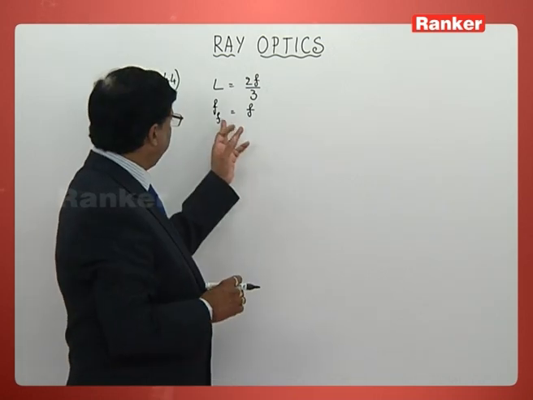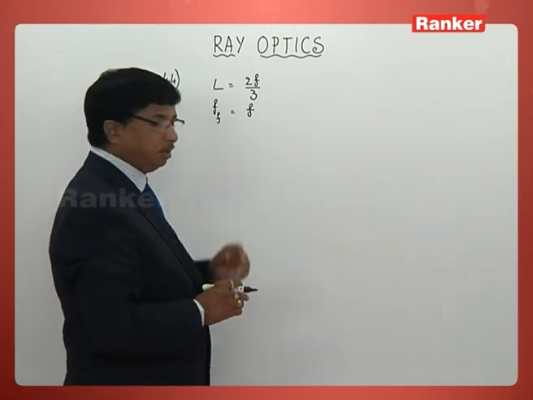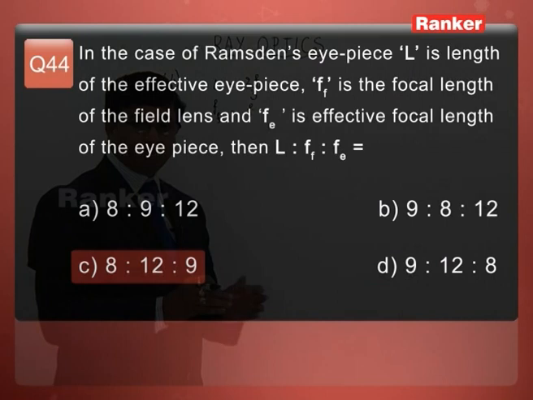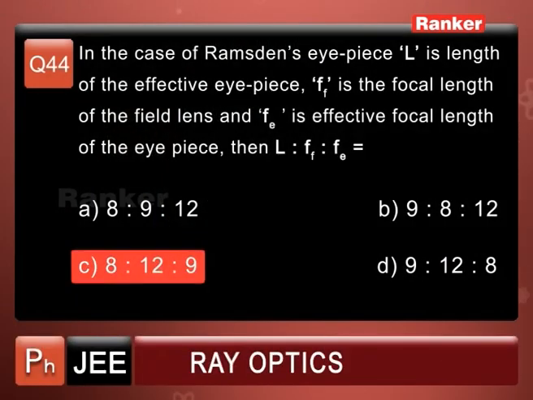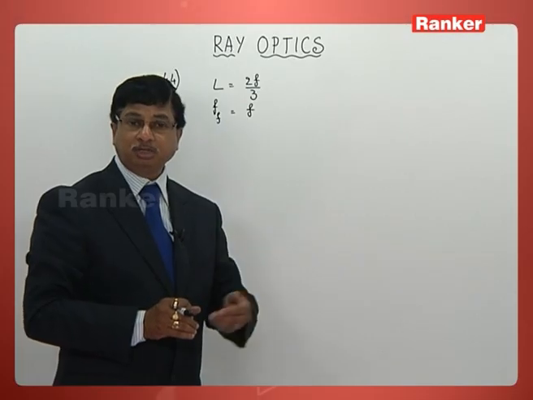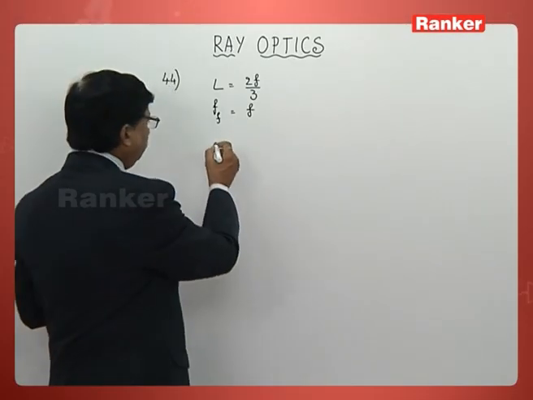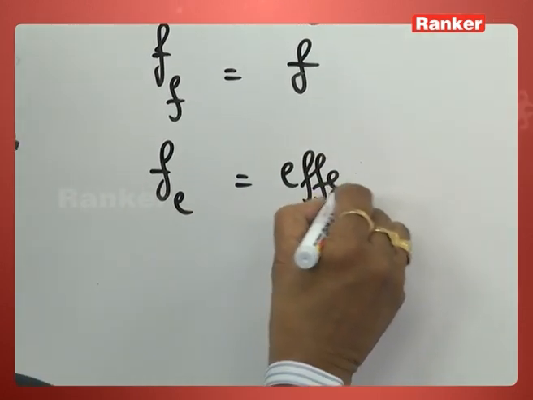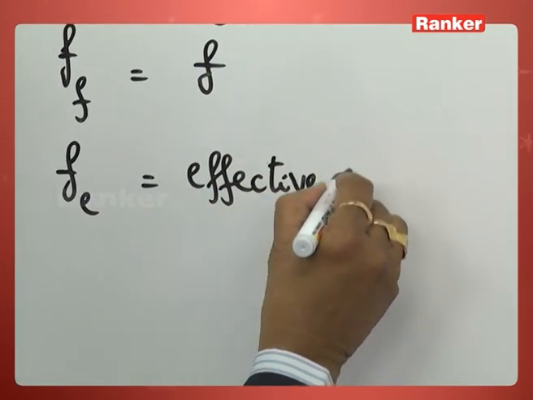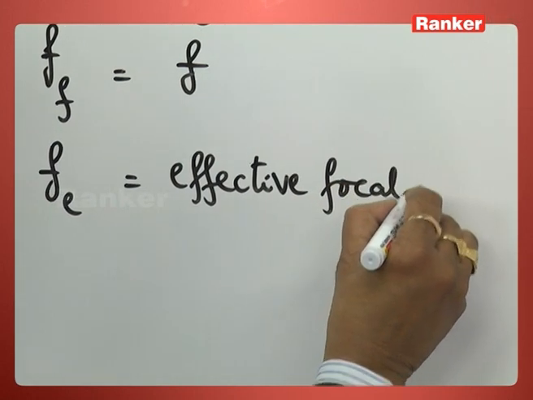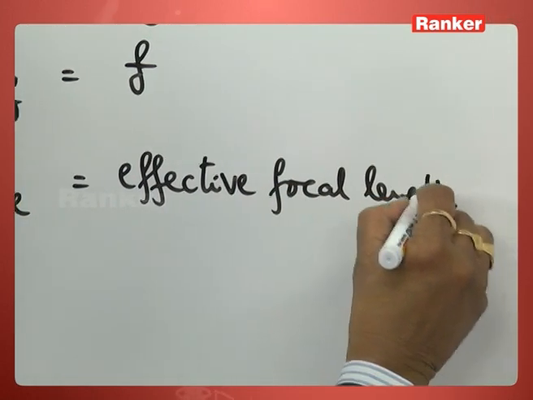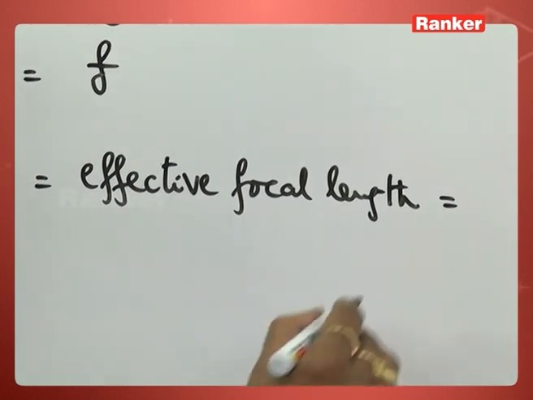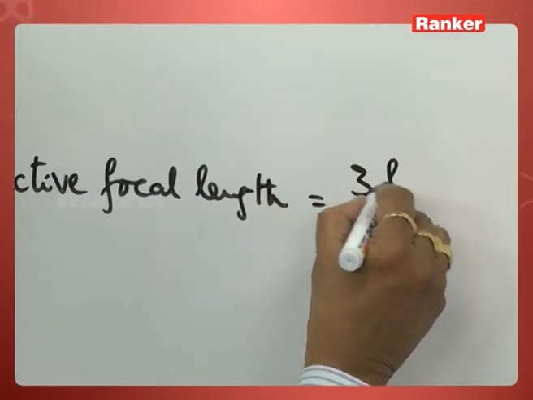So automatically we can write the focal length of the field lens becomes F only. But what next is he asking? FE is the effective focal length of the eyepiece. What is going to be the effective focal length? The effective focal length of Ramsden's eyepiece is 3F by 4.